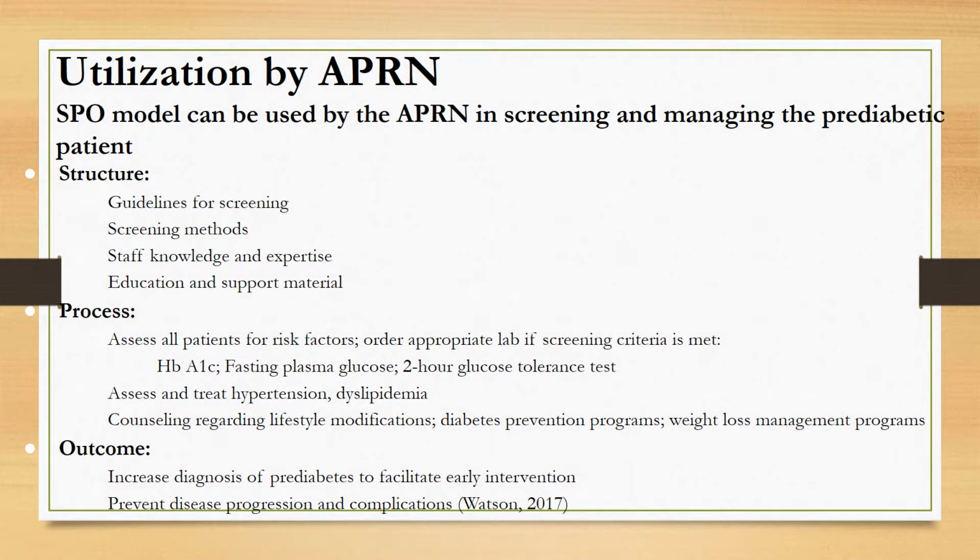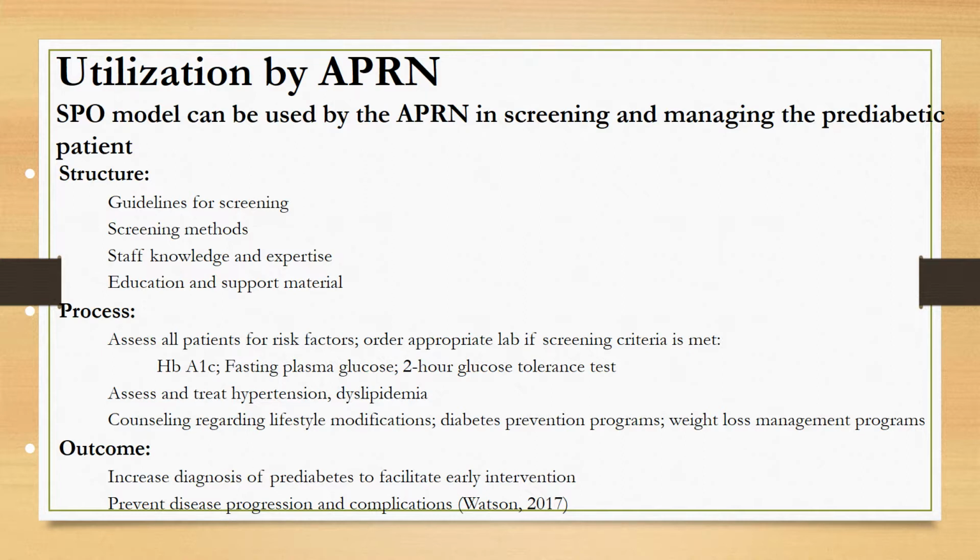More than 86 million American adults have prediabetes, and 90% are undiagnosed and unaware of the condition and its effect on health. The advanced practitioners can utilize this information, and using the structure, process, outcomes model can create a quality initiative to screen and manage the prediabetic patient and improve quality outcomes.